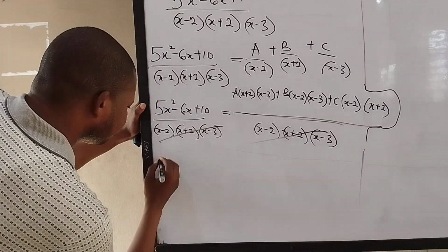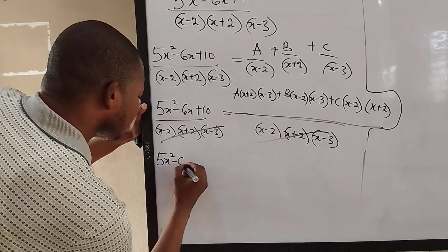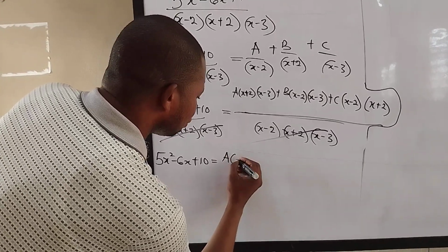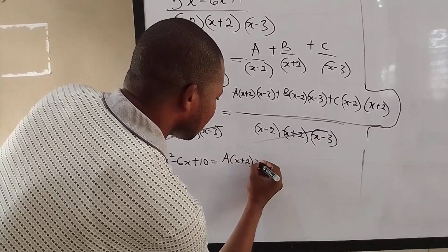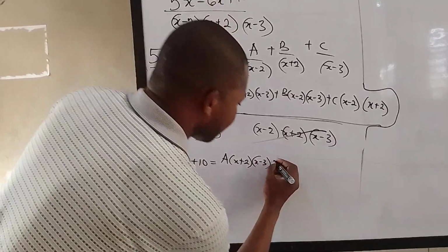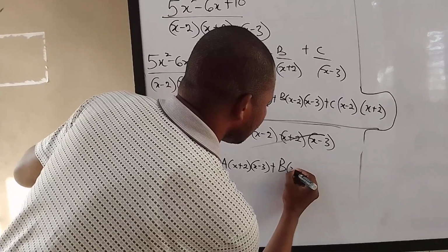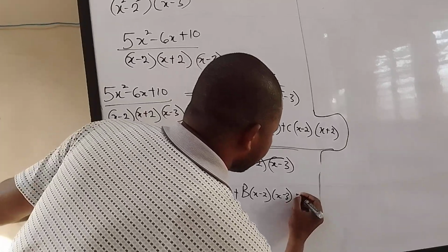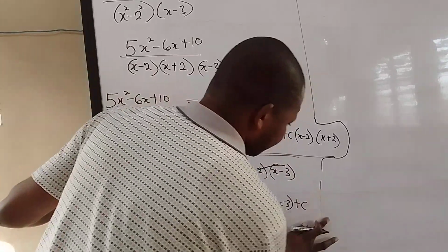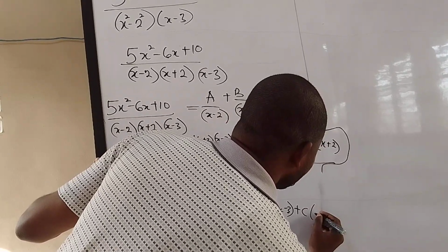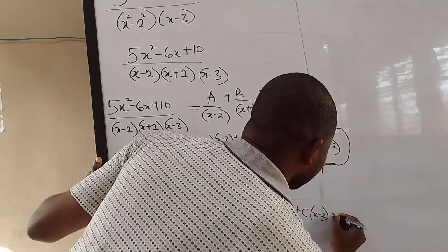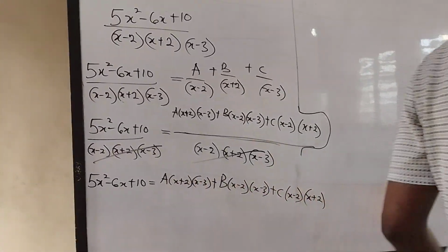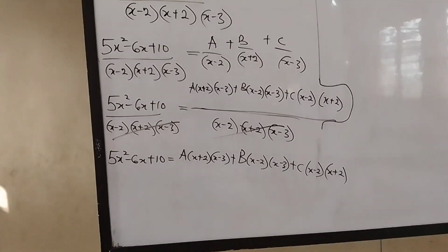We are now left with 5x squared minus 6x plus 10 gives us A into x plus 2, x minus 3, and then plus B into x minus 2, x minus 3, and then finally plus C into x minus 2, and then x plus 2. That's what we're going to have.